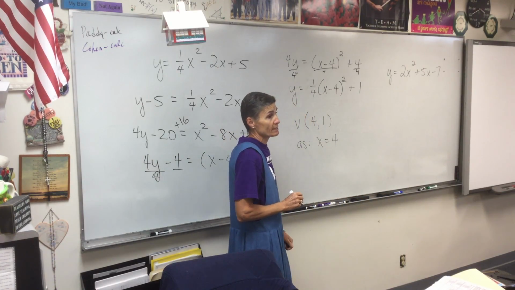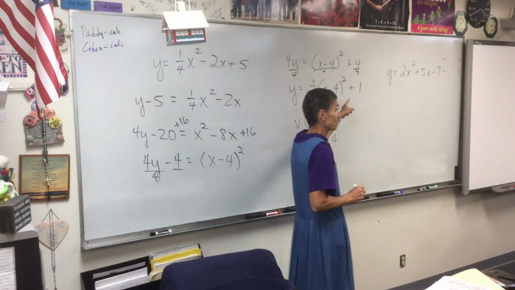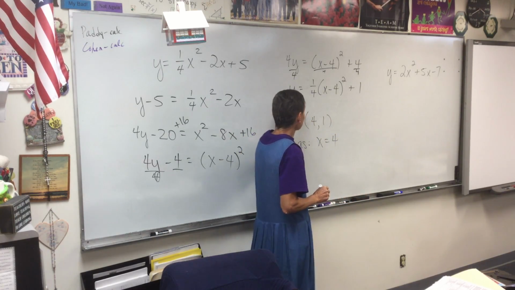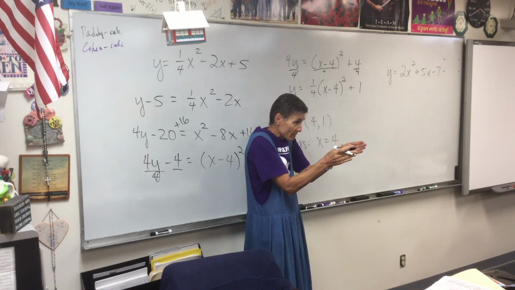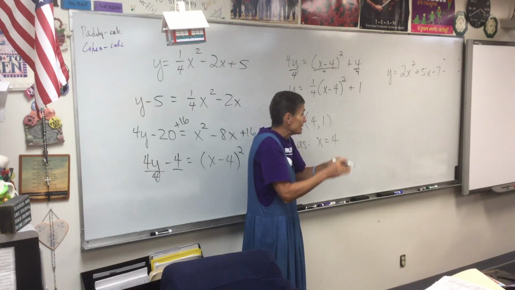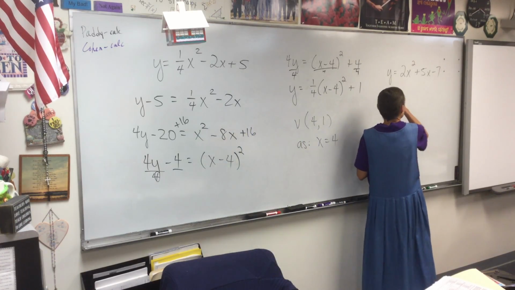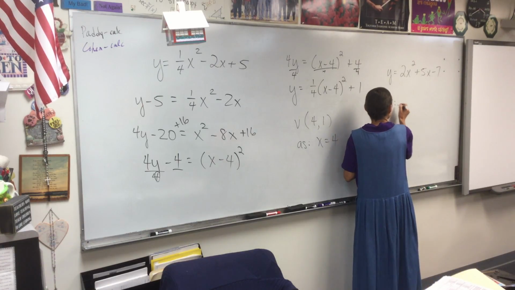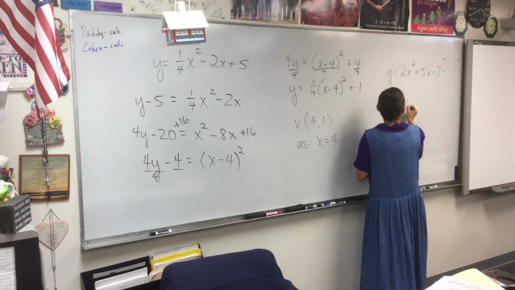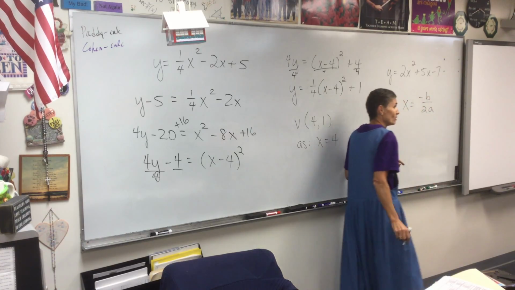Now, this is called the vertex form of the parabola, because if the parabola is in this form, you can look at it and tell me the vertex, right? If you don't have to take the time to put it in vertex form, you can find the axis of symmetry using a little formula, x equals negative b over 2a.